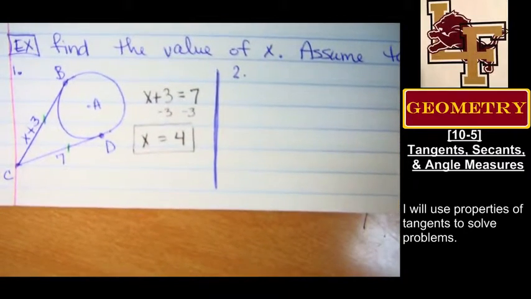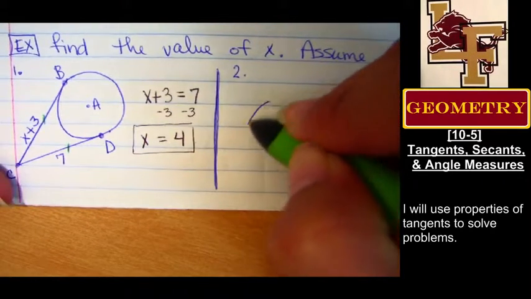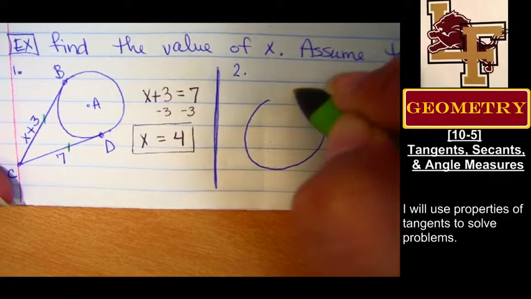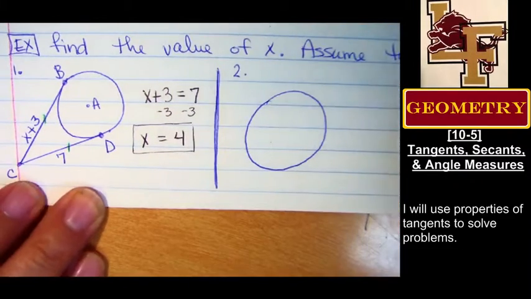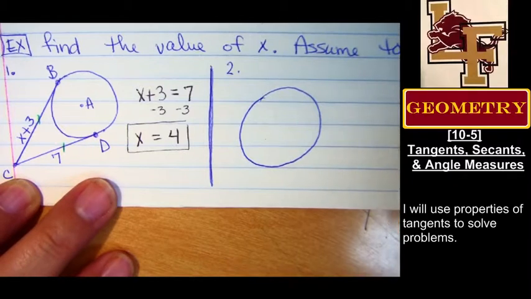Here's what number 2 looks like. Draw a circle, the best circle you have. It doesn't have to be perfect.